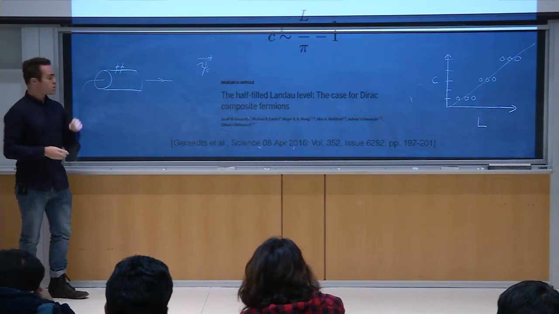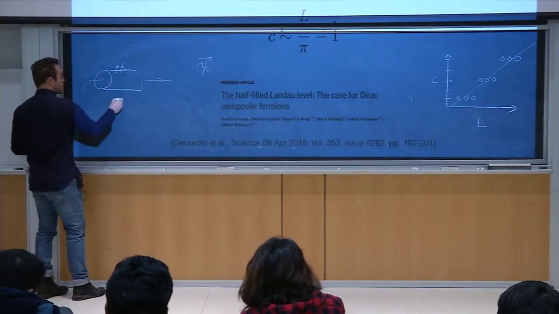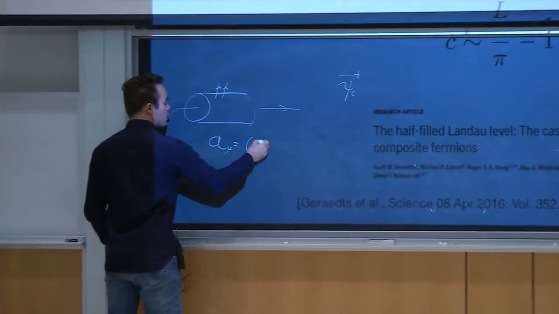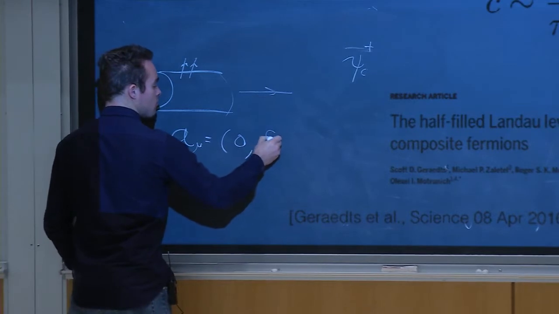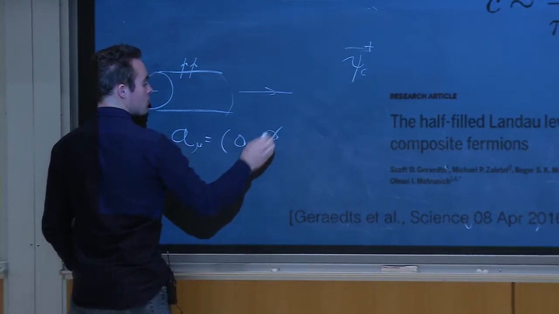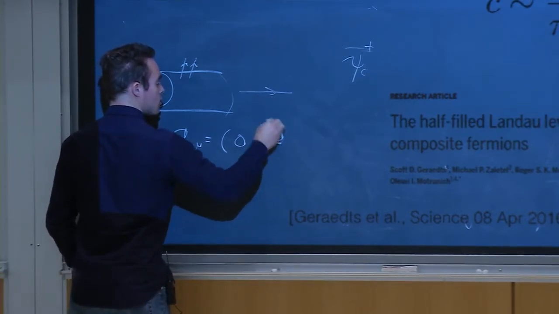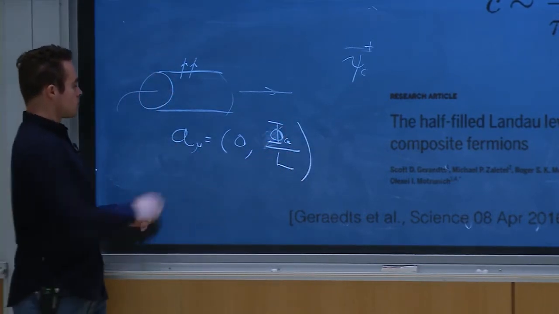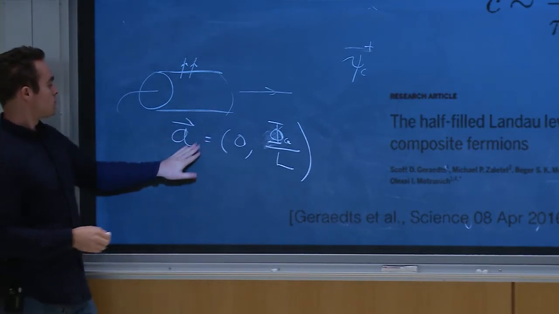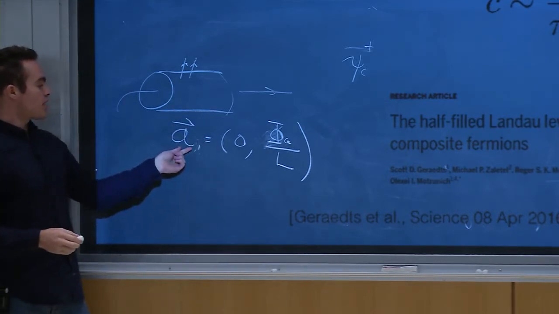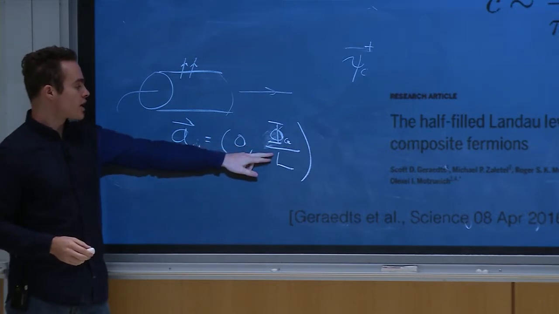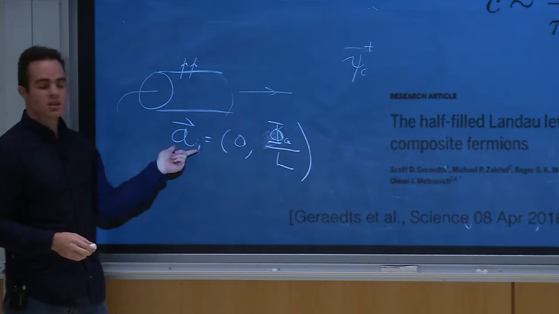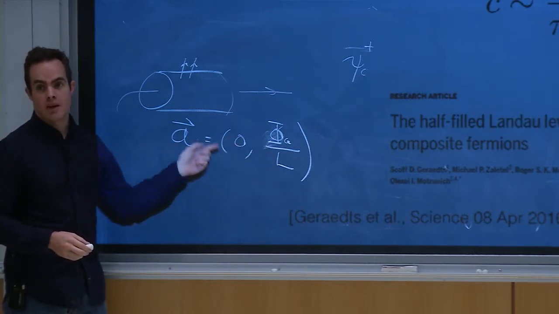So if I write down what this gauge configuration is for A_mu, it looks like this. I wrote it as phi sub a over L. So this is the part of the vector potential along the y direction, this constant part, phi over L. If I take gradients of this to calculate the magnetic field, it doesn't contribute to the magnetic field at all.